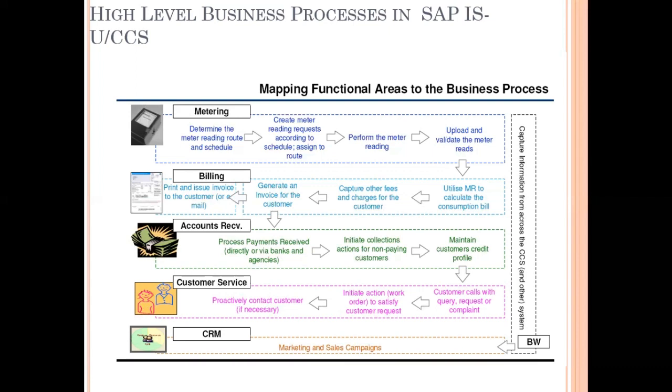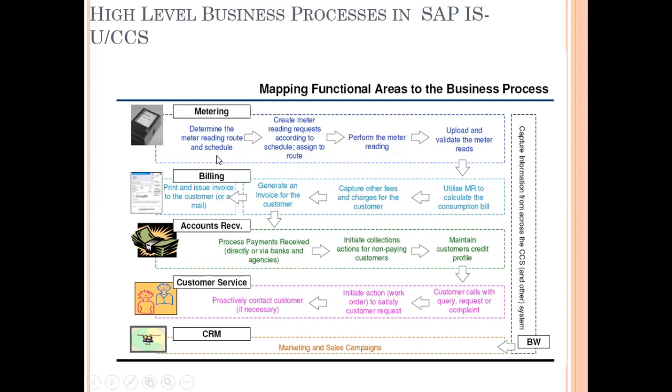Okay, so the metering objective is to capture the metering data, and before that we need to link that to a schedule. Apart from scheduling, we need to link that to an address as well. So from which address we need to capture the meter reading. So that is called street routing.